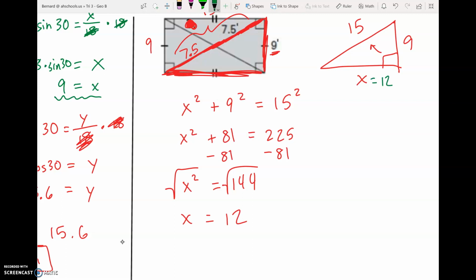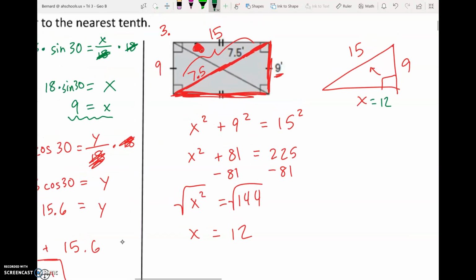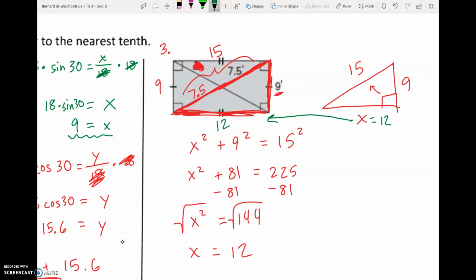which is huge, because now we know that the bottom of that triangle we were working with was 12, which means when we bring it back to our rectangle itself, the bottom's 12, and then the top is 12. Now remember that 15 represents the diagonal total, and so I'm going to get rid of that right now if my eraser works, and write 12 on the top.